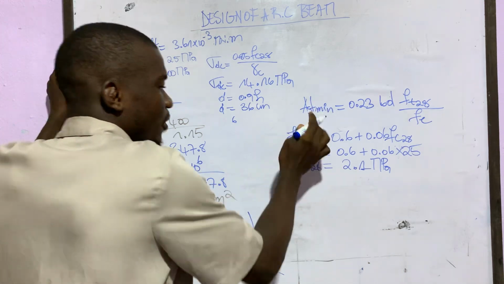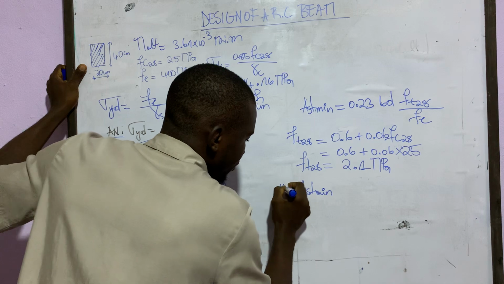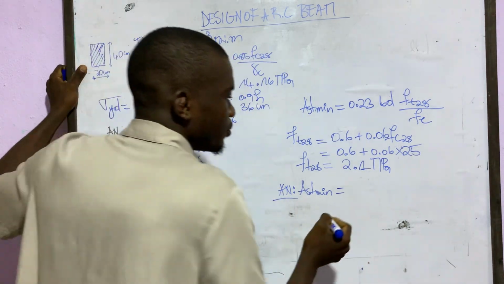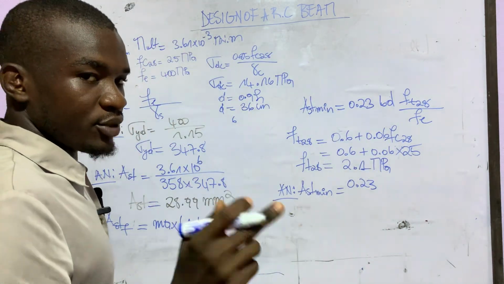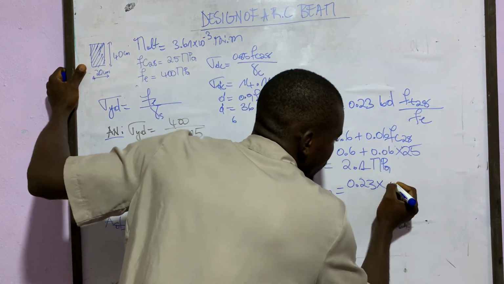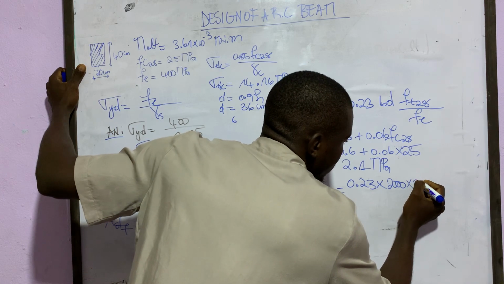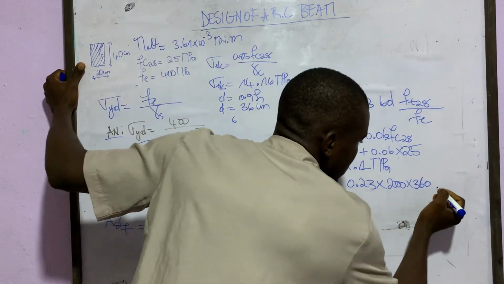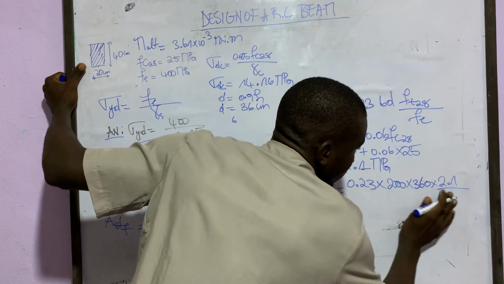So we can find the AST mean in numerical application. AST mean will be equal to 0.23, this is according to the BAEL code, as a reminder we are working with the BAEL code, times, converting again in millimeter, B D, D is 360 if I'm not mistaken, times 2.1, divided by 400.